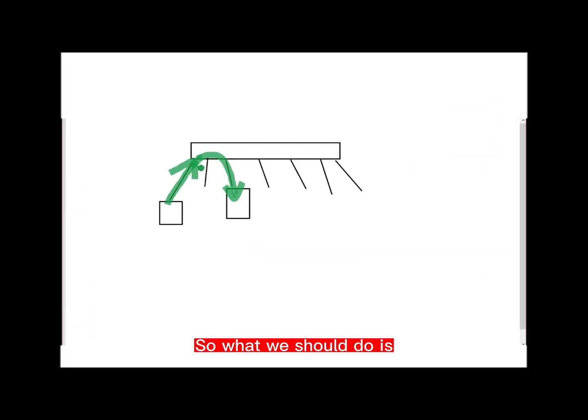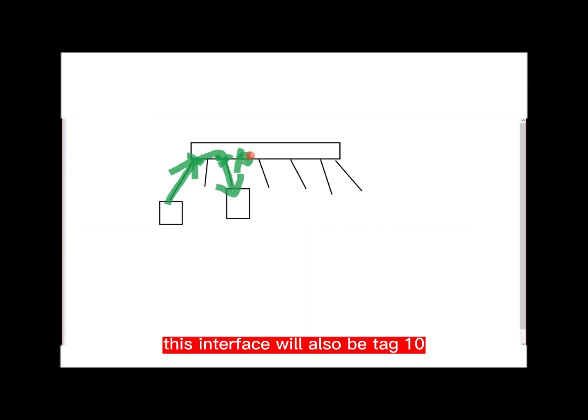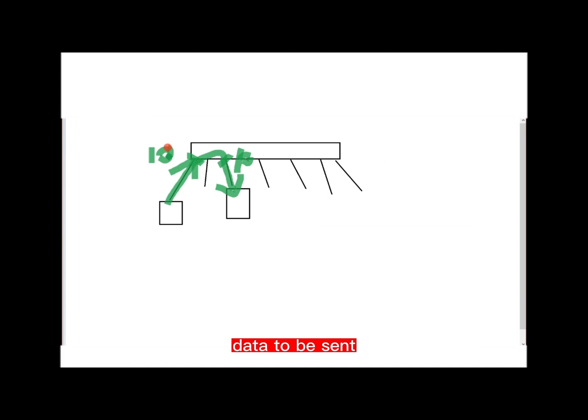So what we should do is tag the data when it comes in. For example, type a tag 10. In the future, this interface will also be tag 10. When the data leaves this interface, remove this tag 10. Equivalent to, you now want to identify whether the 2 of them are in the same VLAN.